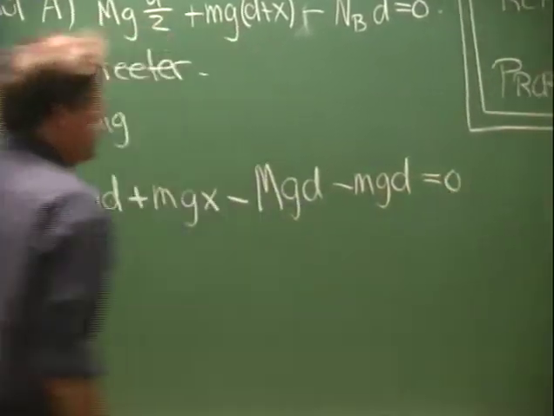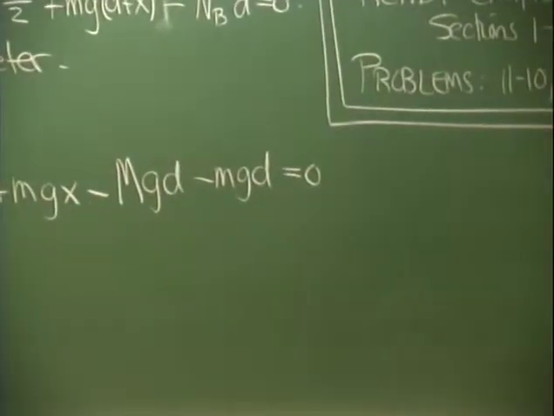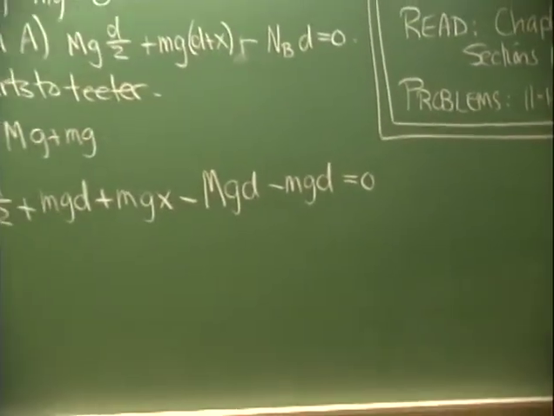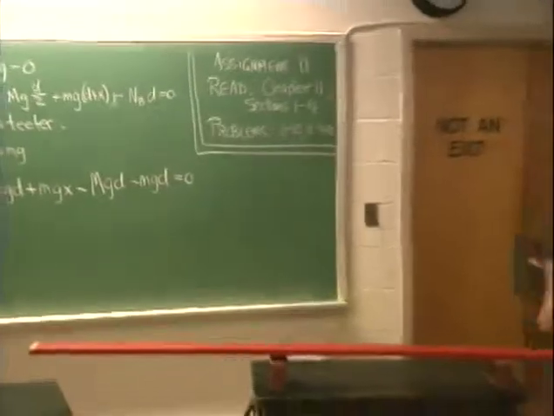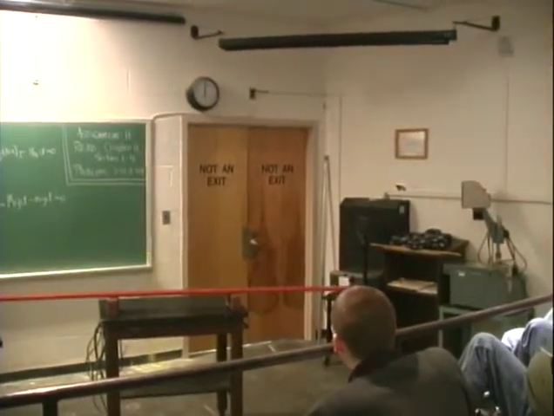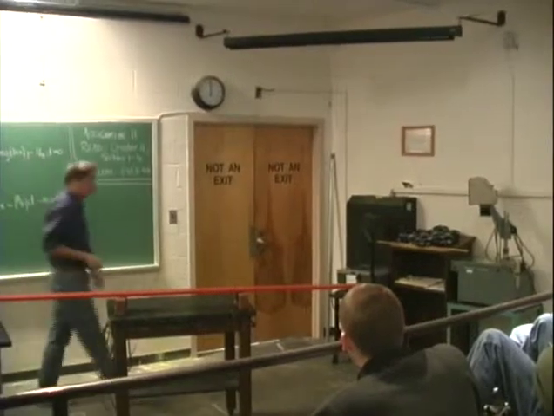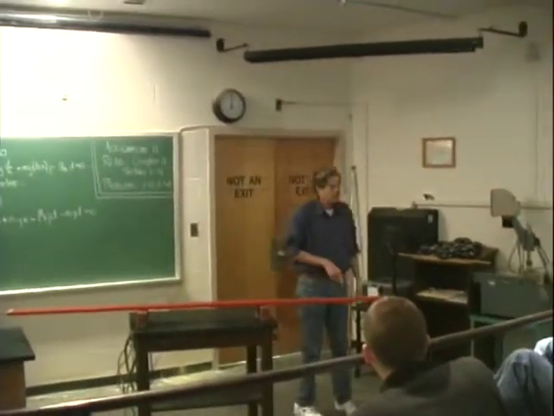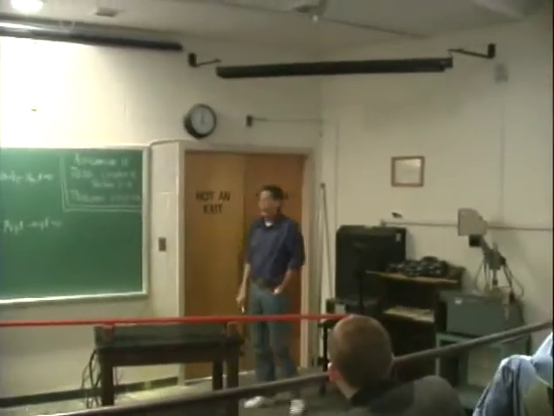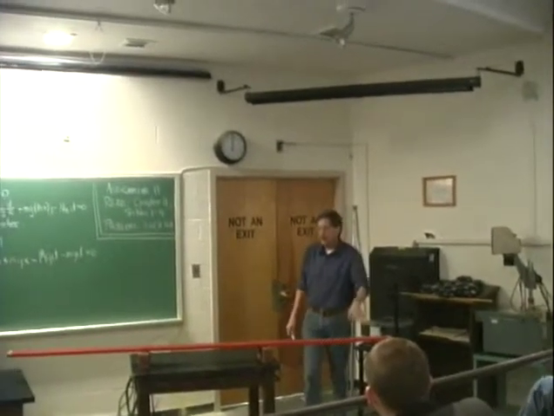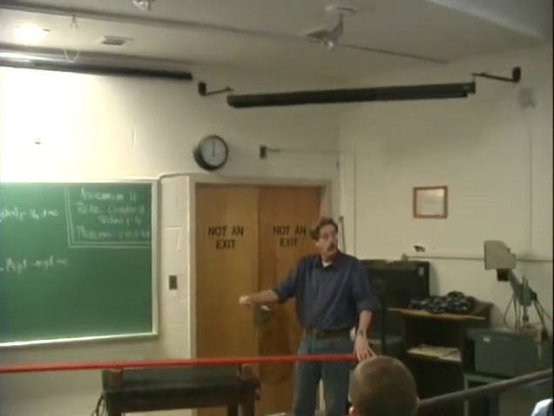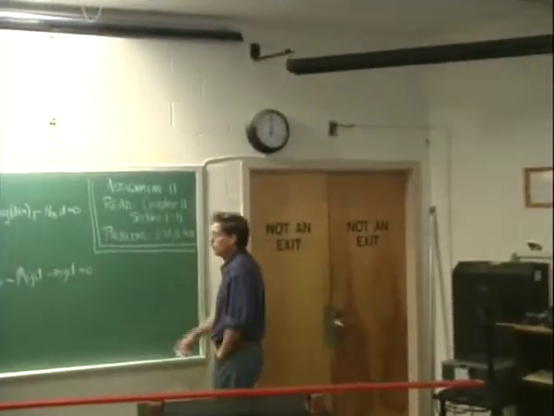That must be equal to 0 at the situation where this thing is just about to go. Well, just started to go. Whoops. This is the condition that it just begins to teeter. That's when that end lifts off slightly, no normal force at that end anymore.